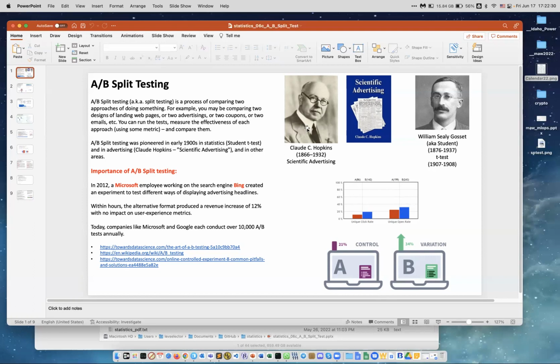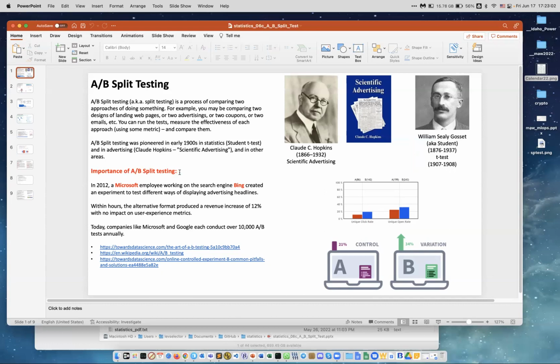So I guess probably that's where the terminology came from. A/B split testing was pioneered again 100 years ago by William Sealy Gosset, known as Student. He worked with Karl Pearson in London, and they developed this test to compare results of two groups for small sample sizes.